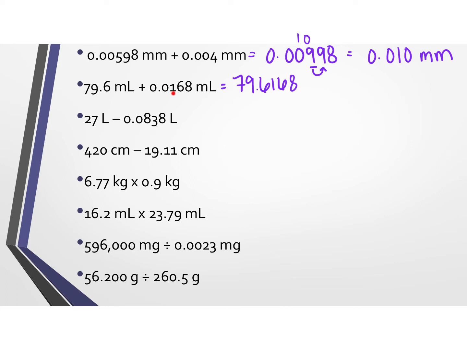How many in this one? More than 1, correct? Okay, so how many can your answer have? Just 1. Okay, so I draw the line, I look over. What does that 1 cause us to do? Okay, so it's 79.6 milliliters.